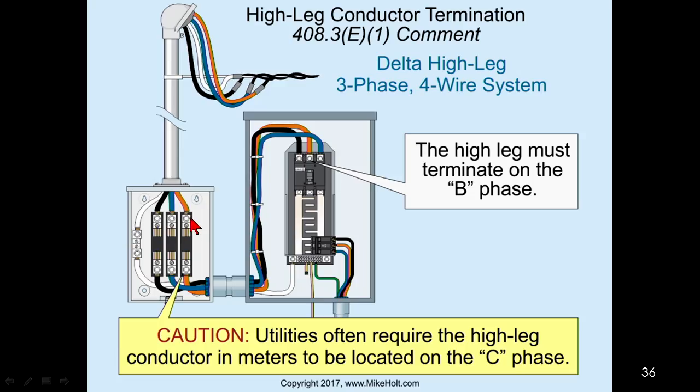Here's where it's coming from. It's coming from the power supply. If you're getting power from the utility and it's a 120/208, then your high leg is, go to the service disconnect right here, go to that meter right there. From that meter can, it's going to be 208.